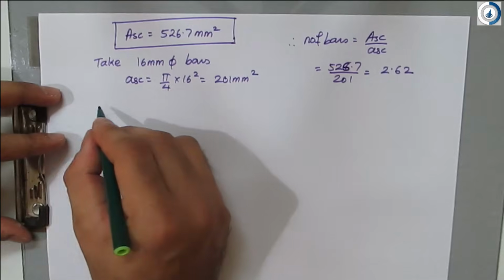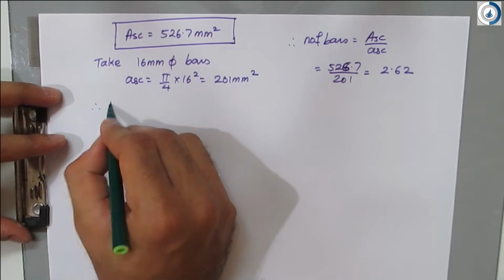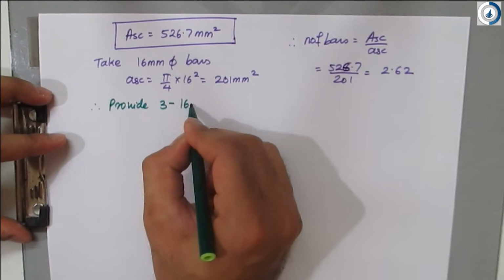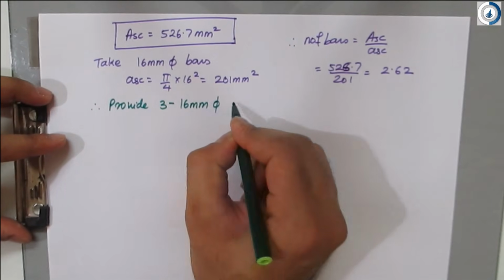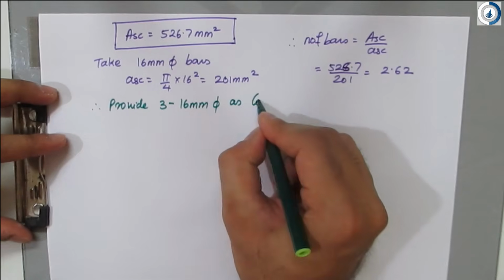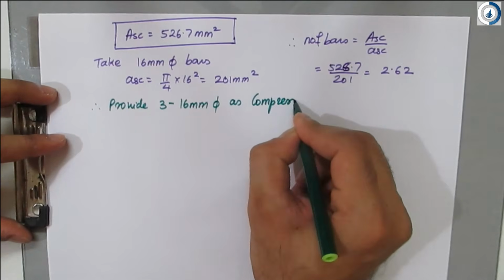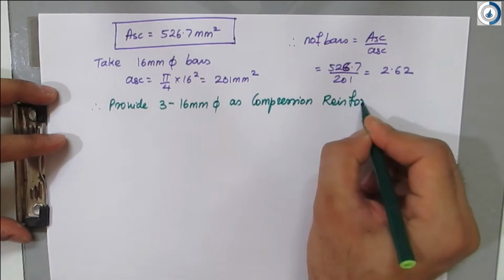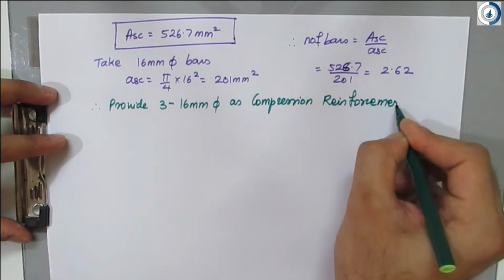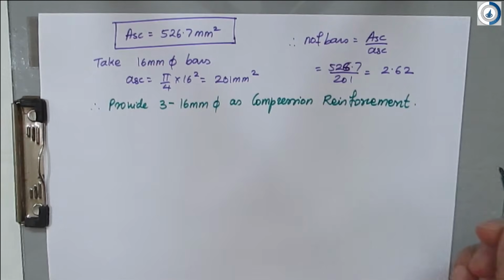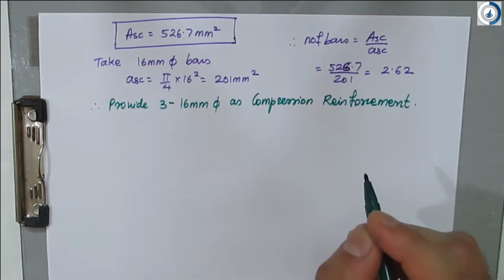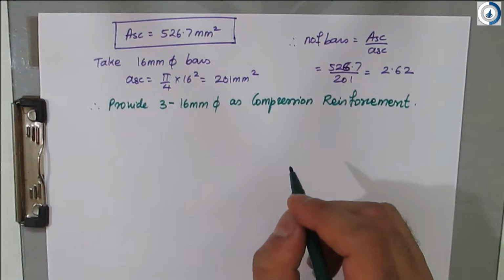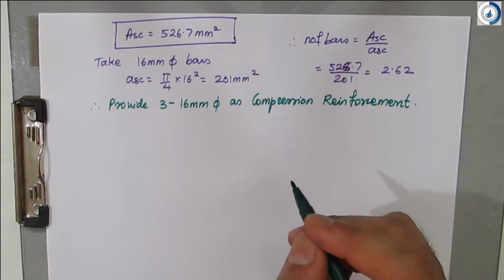Therefore, provide 3 bars of 16 mm diameter as compression reinforcement. Okay, so this is how you have to calculate the area of compression steel. This was a slightly different step compared to your singly reinforced beam problem.